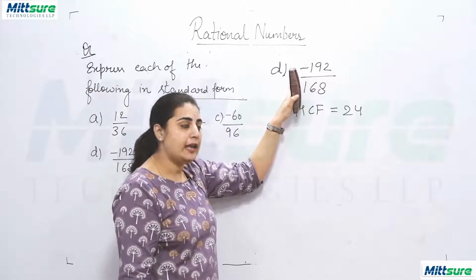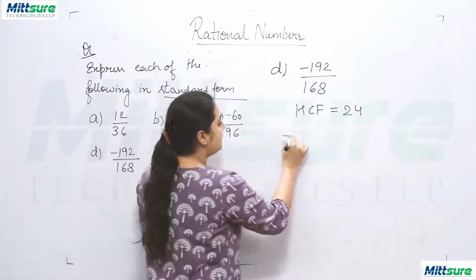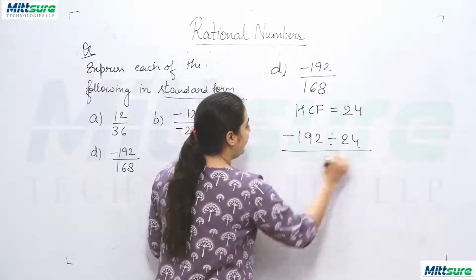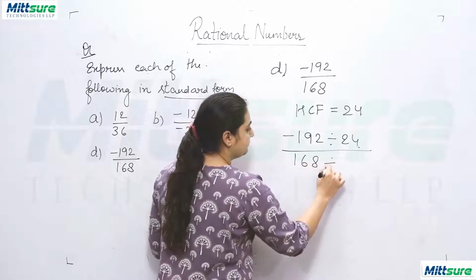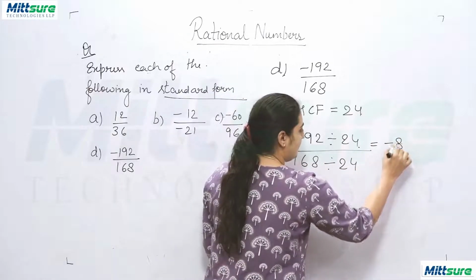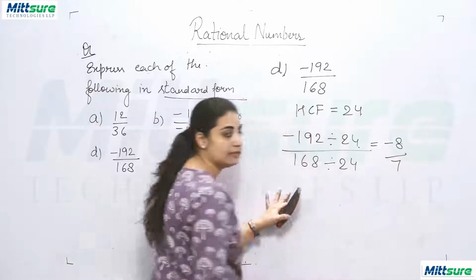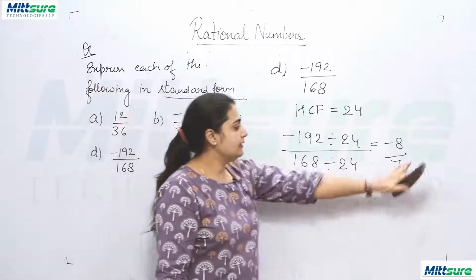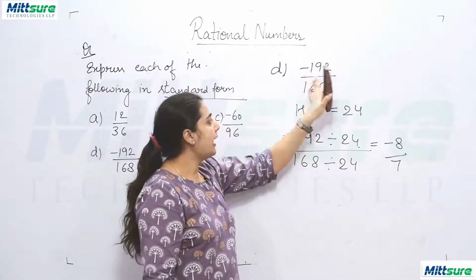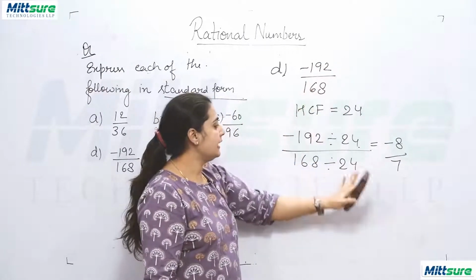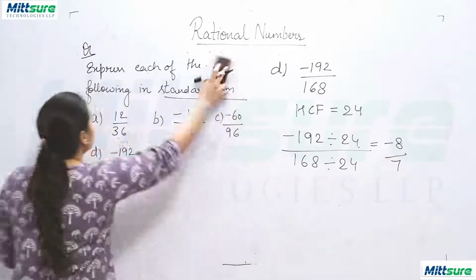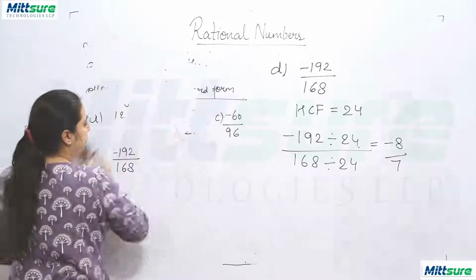Okay, so let's divide the numerator and denominator by 24. So here I will get minus 8 and here I will get 7. So the standard form of minus 192 upon 168 is minus 8 upon 7. So let's come to the next topic.